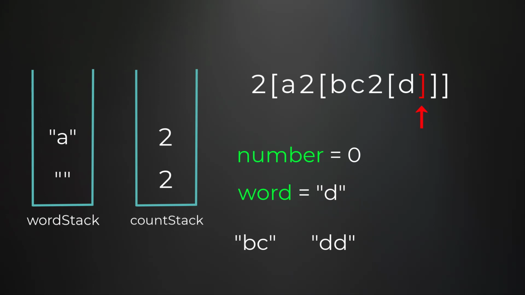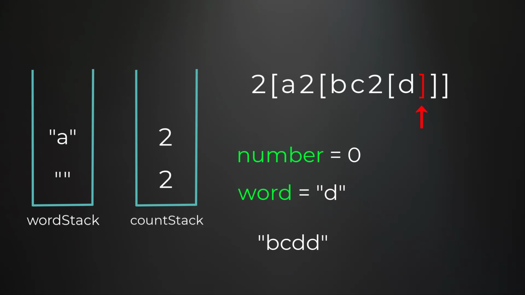The next step is the BC string is the beginning portion of this encoded string, because as you can see in the string BC, it comes before the section 2 bracket D. So we're left with, as our decoded string, BCDD.